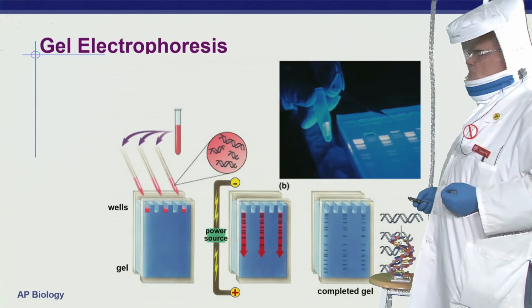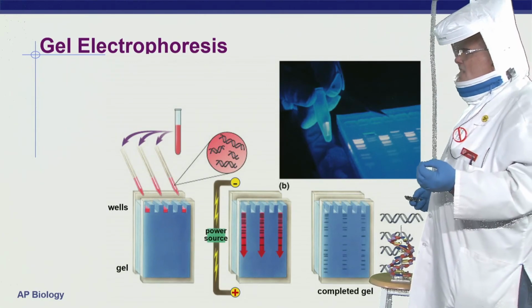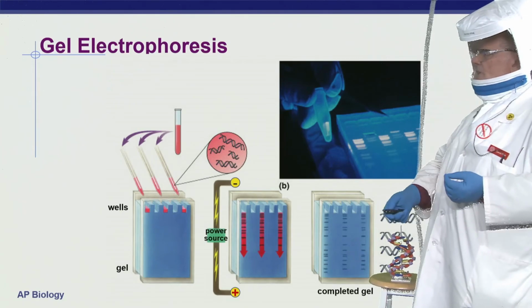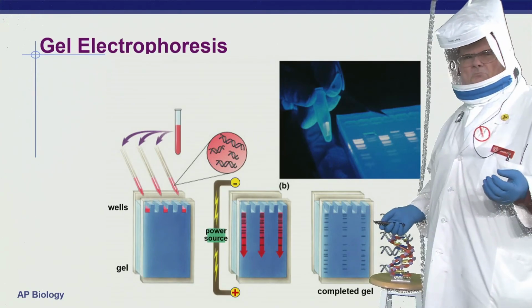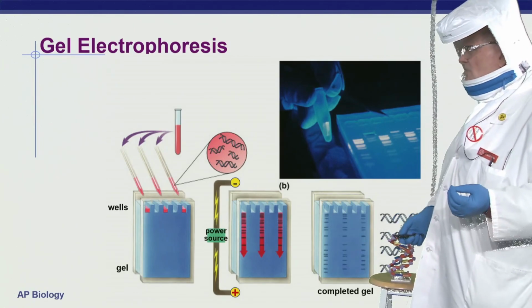So this diagram shows you how this is done. In this case, they're using a vertical setup in the diagram here. Most of the gels I've run, we used horizontal gels.